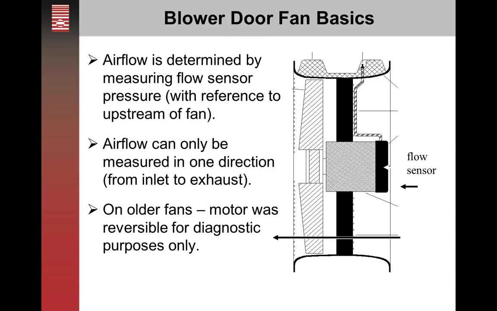As air is drawn across that from the fan blades, the pressure is measured by the digital gauge. We know how big the blower door fan is, the inside diameter, so we can take a standard formula of taking the pressure, converting that into velocity, and multiplying it by the opening. That would then give us the total amount of airflow moving through that fan.